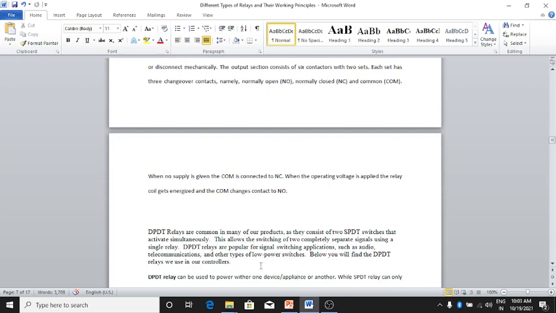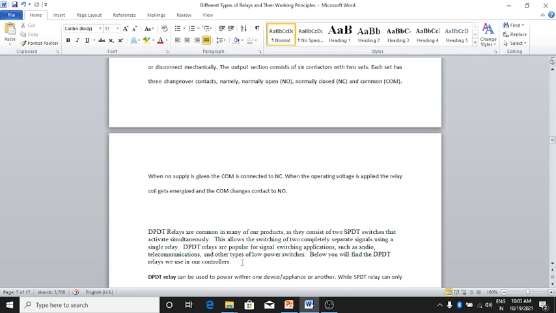When the operating voltage is applied, the relay coil gets energized and common changes contact to normally open. When supply is not there, the common pin connection is normally closed. When operating voltage is applied, it changes to normally open. Clear?